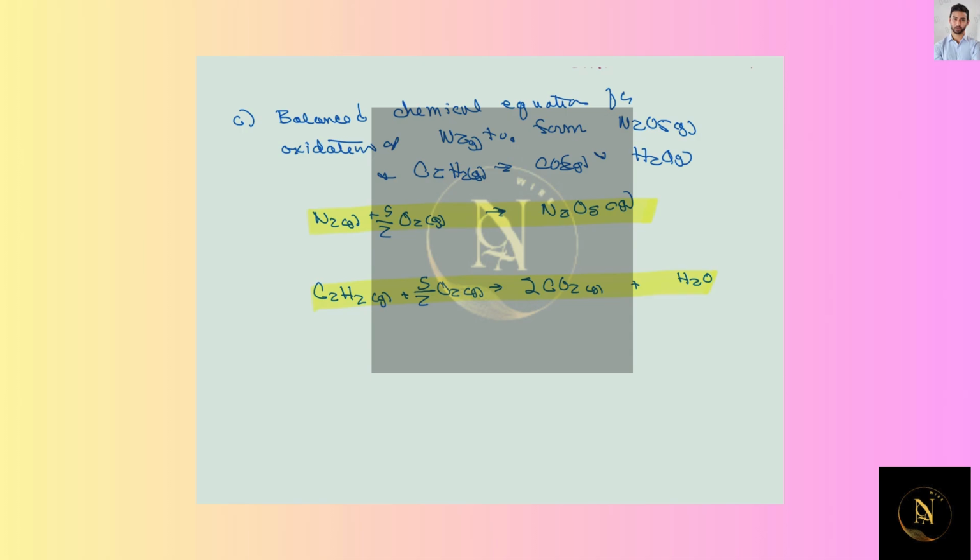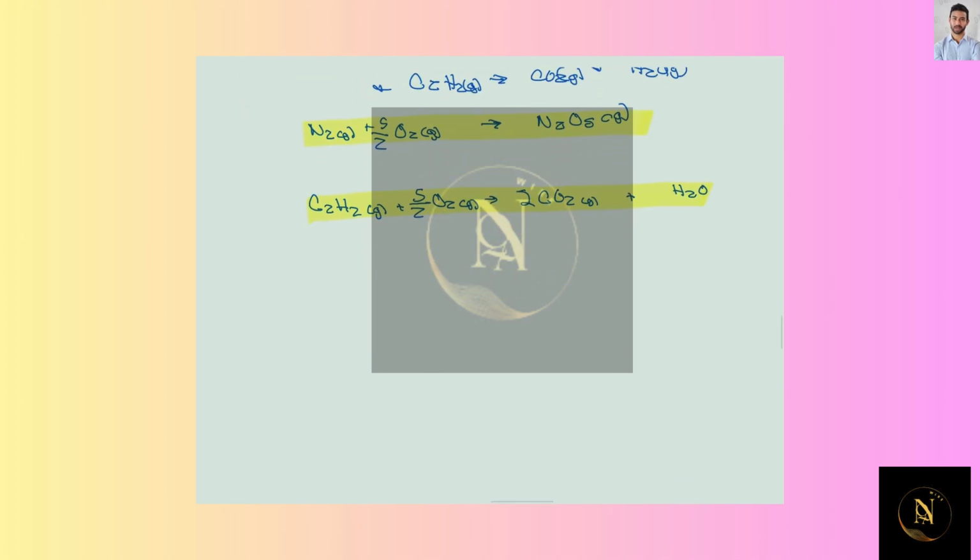Now let's do D. Calculate the enthalpy of oxidation per mole for N2 and C2H2.